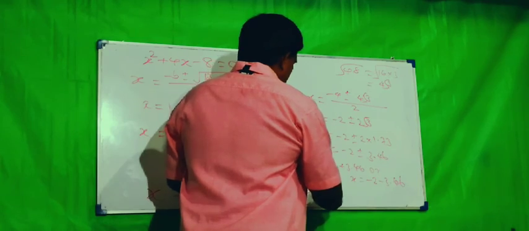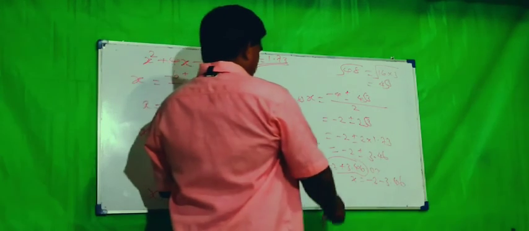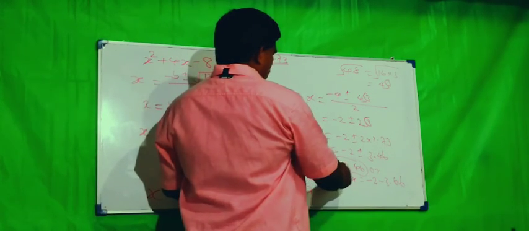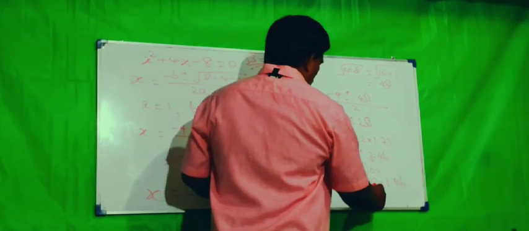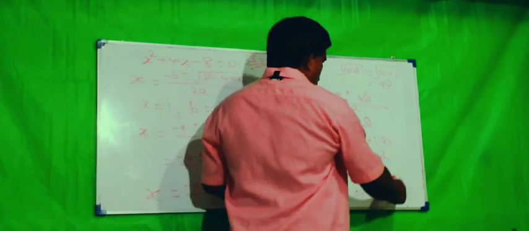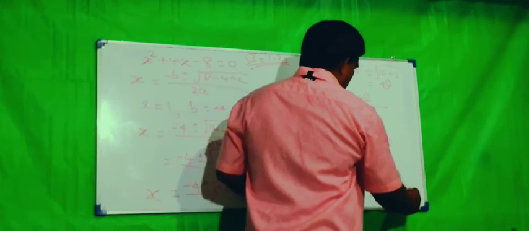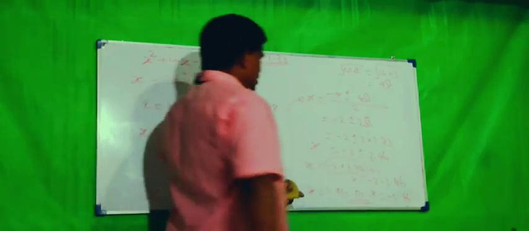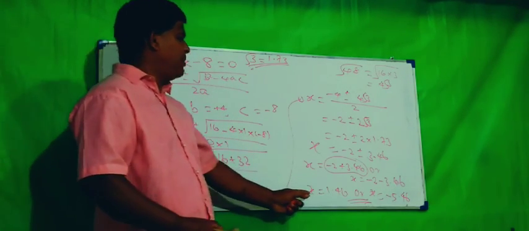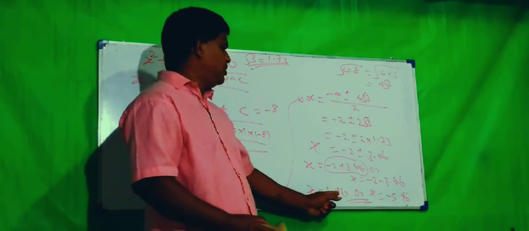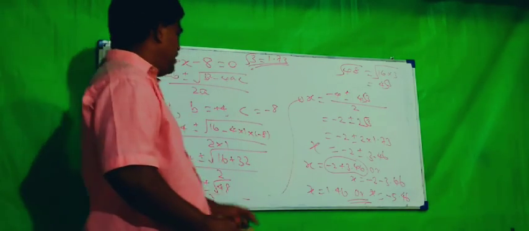Out of this simplification, 2 is subtracted from 3.46, giving 1.46, or x equals, here both are negative, so they are added negatively, minus 5.46. Now these are the solutions. These solutions were obtained in the second method also, that was completing the square. Now the same answers are obtained by using the formula.